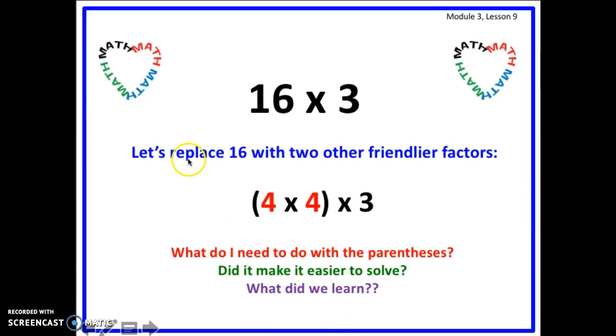Let's try another one. Replace 16 with 2 friendlier factors. 4 times 4. Well, 4 times 4 is going to take us back to 16, and we'll be stuck with 16 times 3. So I want to move my parentheses around. Please go ahead and do that on your whiteboard and check with me when you're done.